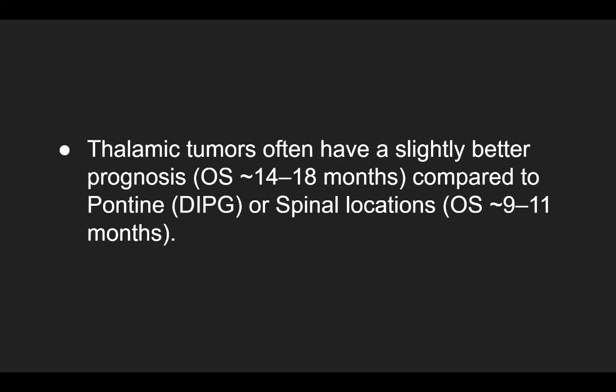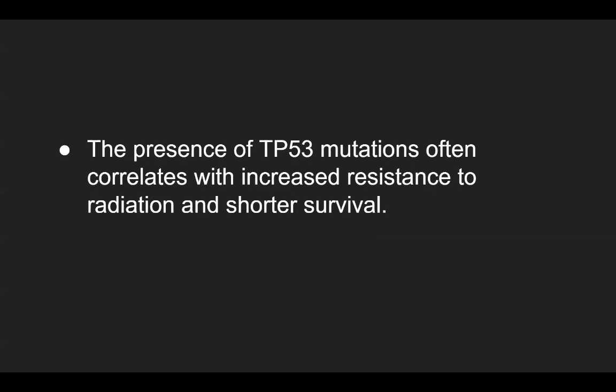The pontine location is notoriously very, very poor in terms of prognosis, and spinal locations might also be poor in terms of prognosis. And we know the notorious mutation TP53. If this is present, this just means that the patient is going to have an even shorter survival because there is going to be increased resistance to radiation and a shorter survival rate.